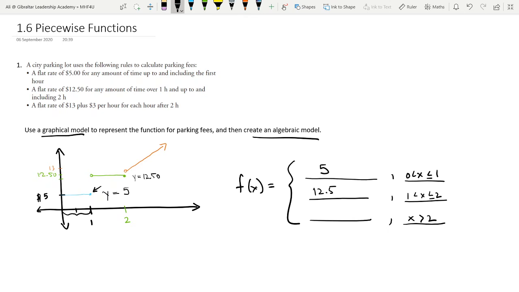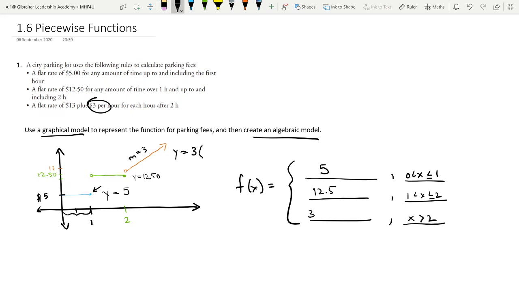And finally, the last one here, this is an equation. I know the slope is going to be 3 because it's $3 per hour. So y is going to be 3x, and I still need to figure out the y-intercept. But going back to what I just showed you on the board, I'm going to use translations.